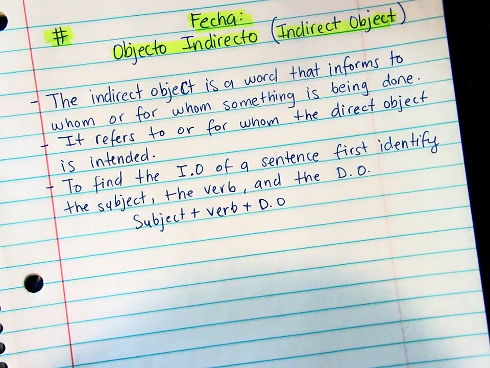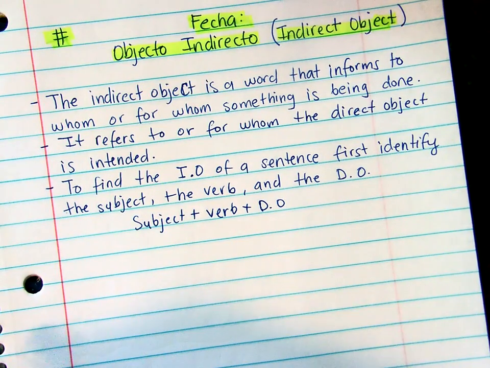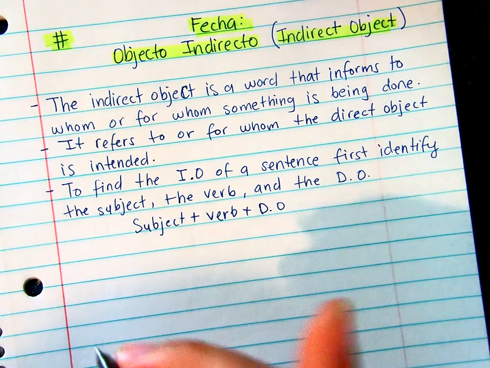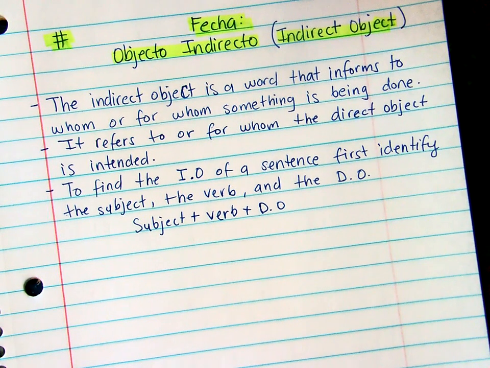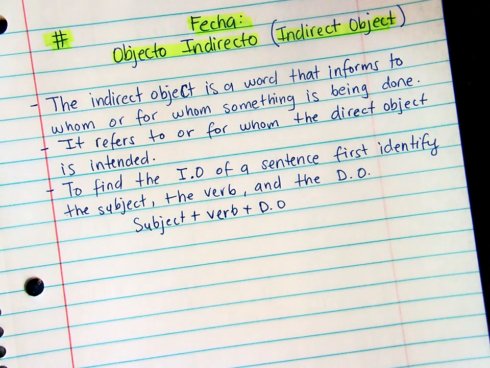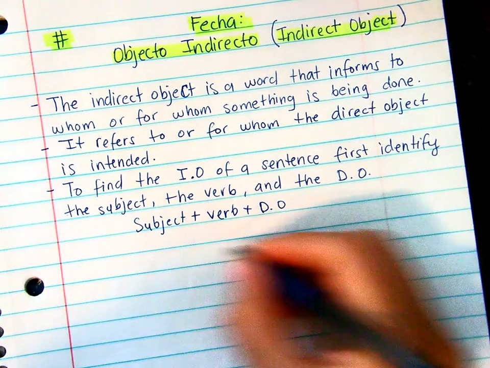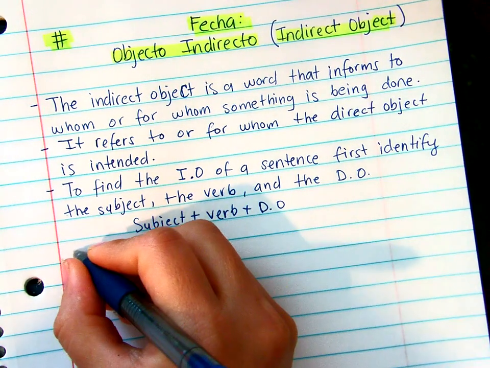So, what is the first thing you need to do in a sentence? First thing you need to ask yourself is to whom the action is intended, or to whom something is being done in a sentence. So let's get one sentence.